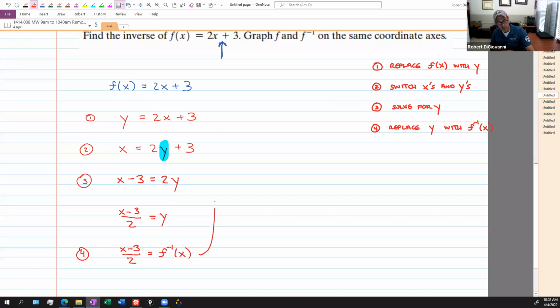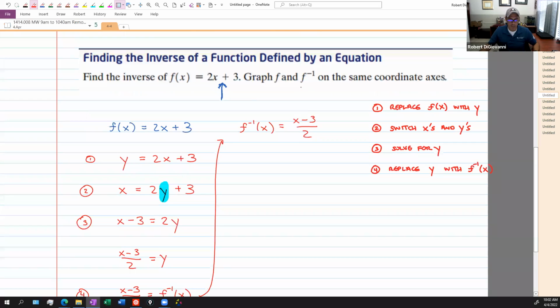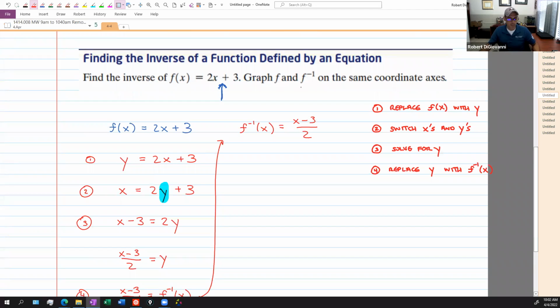I'm going to write that a different way. I'm going to write it up here. F inverse of x equals x minus 3 over 2. I'm going to do one more thing. I'm going to write it this way: 1/2 x minus 3/2.